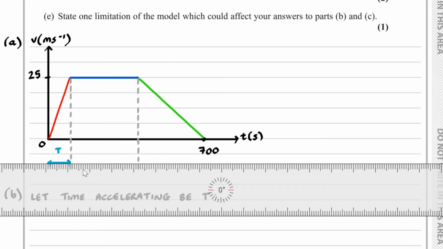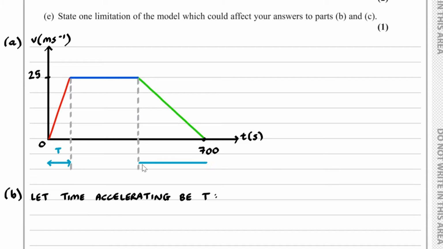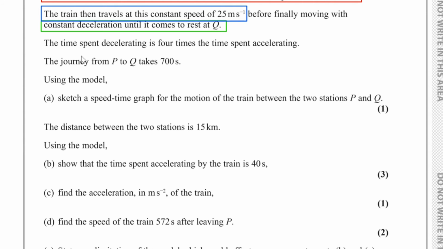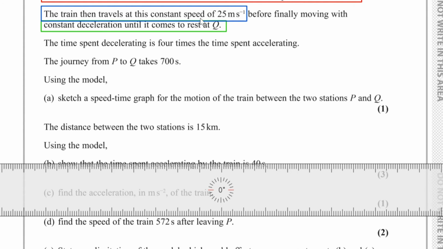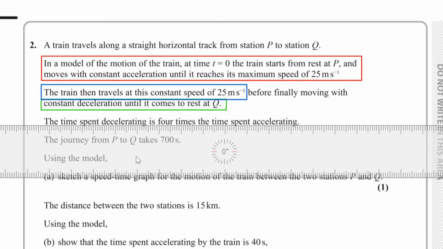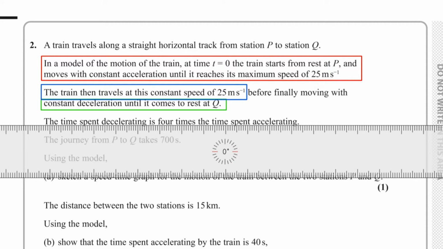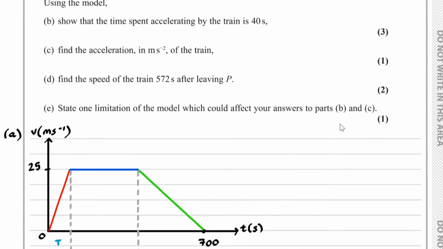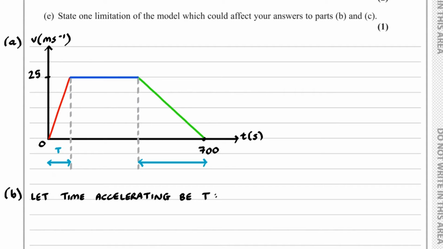The time from here to here, well, what we know is the time spent decelerating is 4 times the time spent accelerating, which means this time will be 4t.